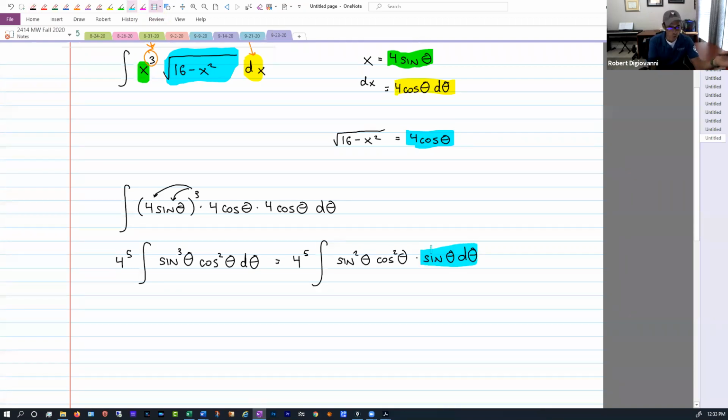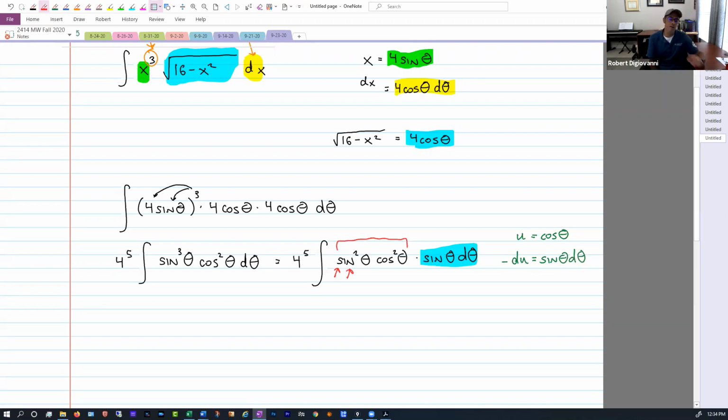So what's the u? Cosine. And we're going to be off by a sign here because with du, we're going to have a negative that we're going to have to move over to the other side. So what I need to do now is get everything here on the left that's not blue written in terms of cosine. Well, that means all I need to do is deal with that sine squared.